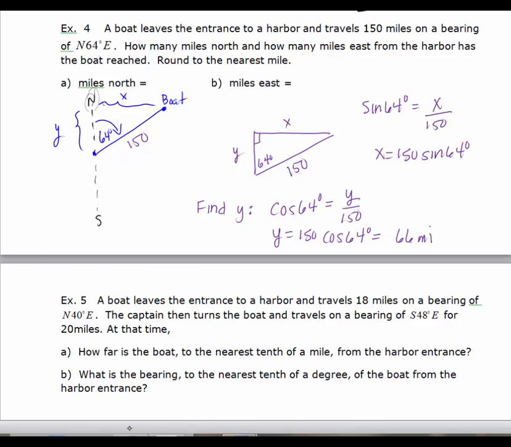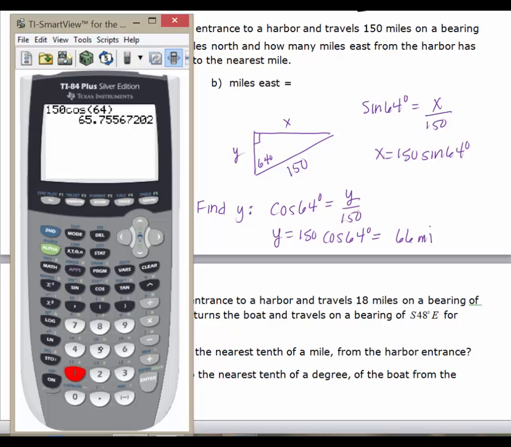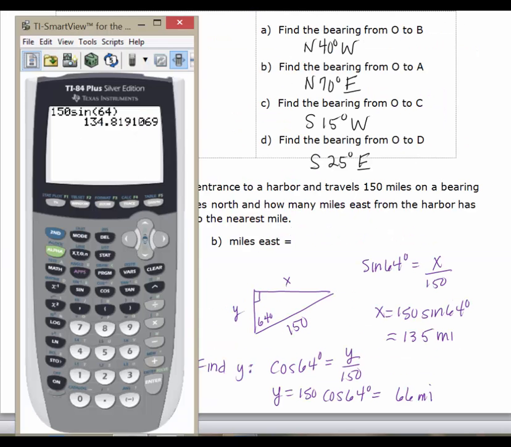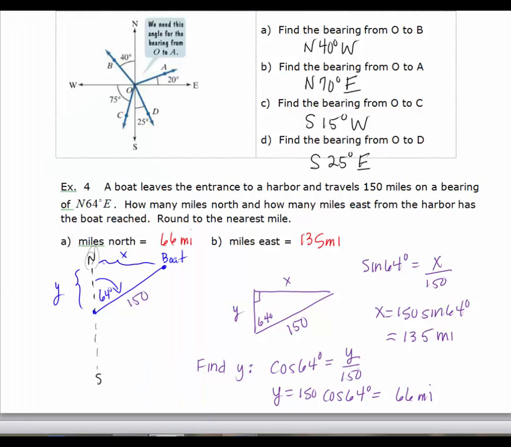We'll evaluate that in our calculator. 150 times the sine of 64 degrees. So x is approximately equal to 135 miles. The boat would be 135 miles east of the harbor and 66 miles north.